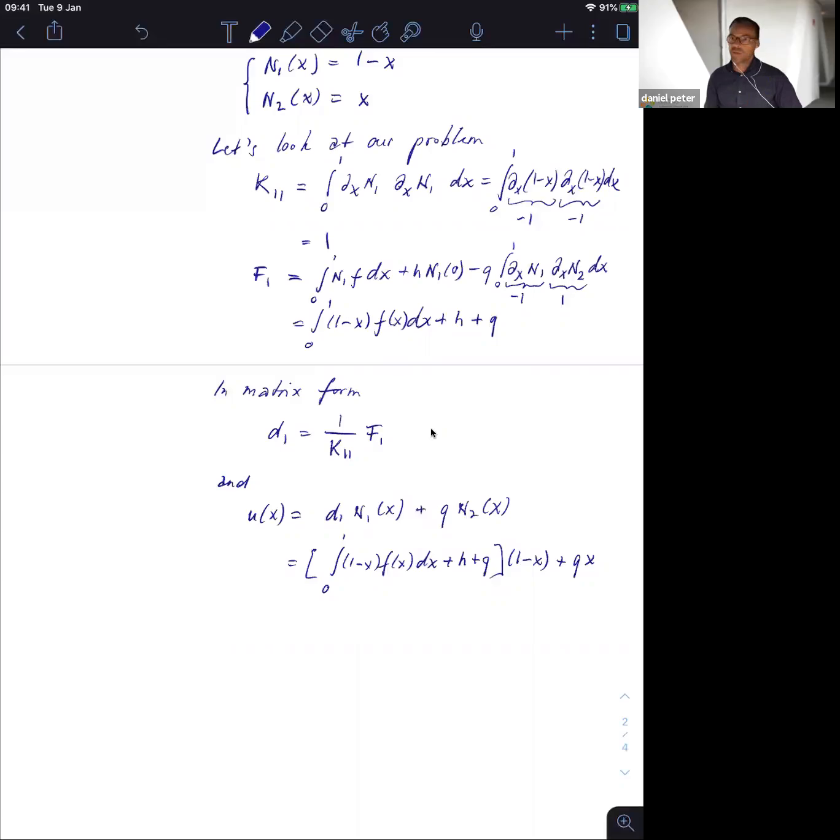Well, you find it's exactly the same solution. So it's exact to the analytical solution. Note that for f of x equal to 0, that term vanishes, and this is the exact solution.